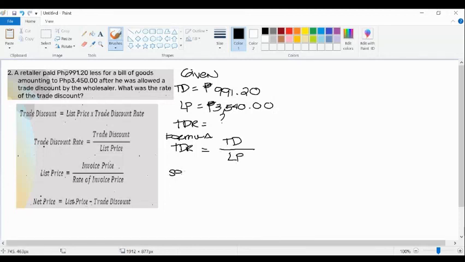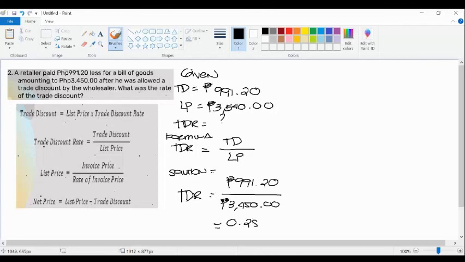Okay. So solution, trade discount rate is equal to 991 and 20 cents over 3,450 pesos. That will give us an answer of 0.28.